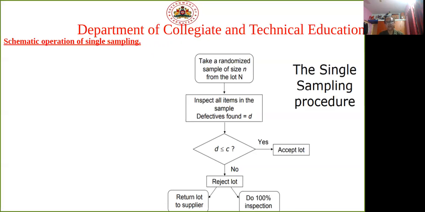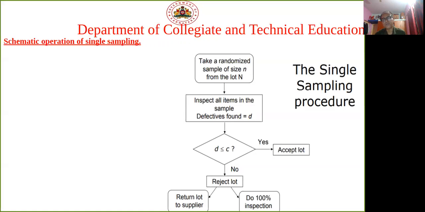Going through the flow chart: randomly select a sample of size n from the lot N. So we take a sample of size small n from the lot of capital N.